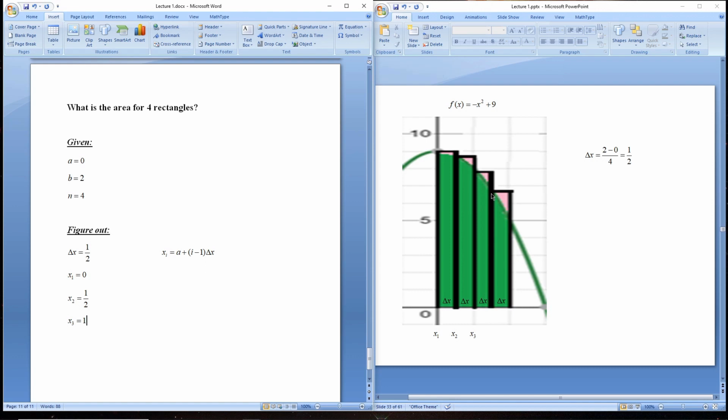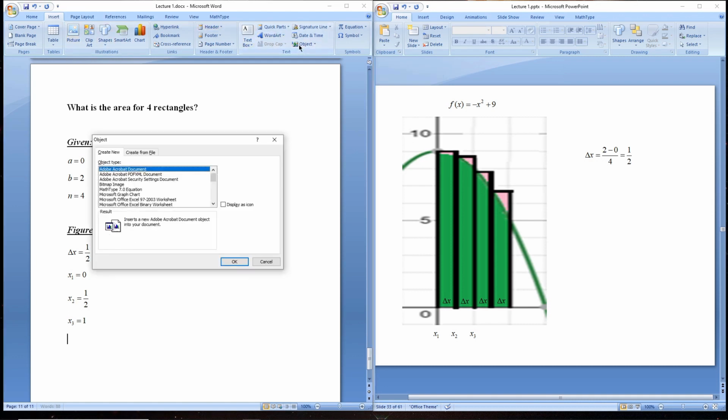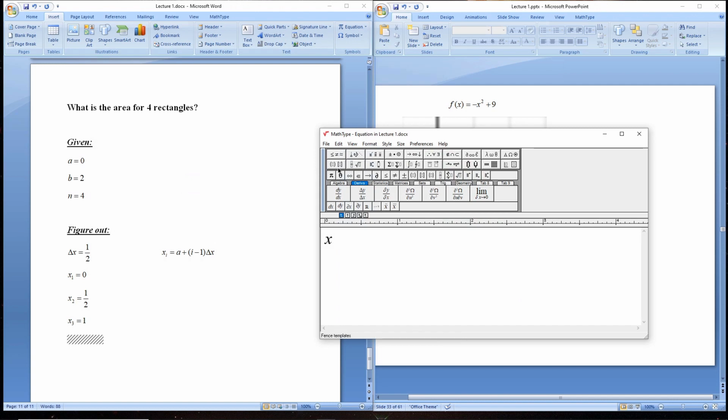So now we want to go to the fourth and final rectangle and find out where that one starts. And again, we're going to use our formula. That's why this one is a pretty big deal here, because we're going to use this always for our right rectangles. And by the way, I will give a summary at the end that condenses all this information if you just want to have something compact to look at. But for now, let's just keep working this through. And so our x sub 4. Now I equals 4, so a, again, a is 0, but I'll just write that in there so you can see that.